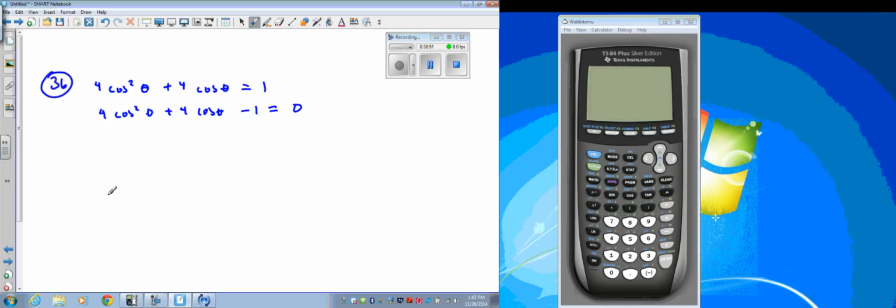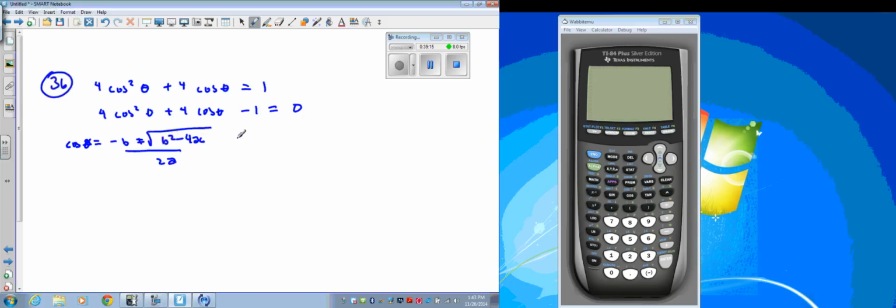Now, you can either write this way and use the quadratic formula, where cosine theta is equal to negative b plus or minus the square root of b squared minus 4ac all over 2a.